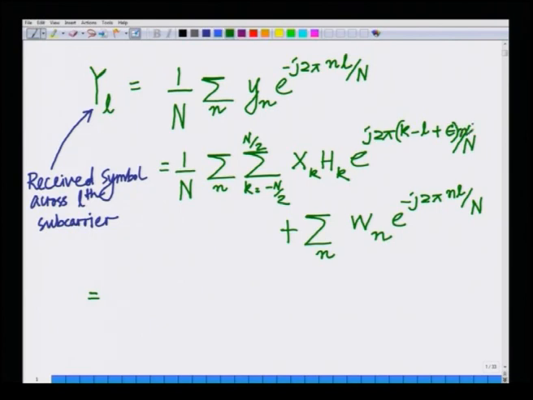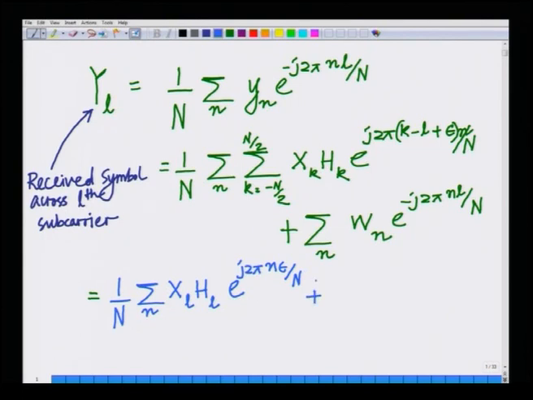So, I am going to write this as summation 1 over n x L h L e power j 2 pi n epsilon over n.